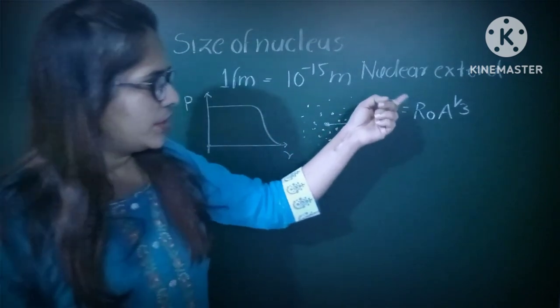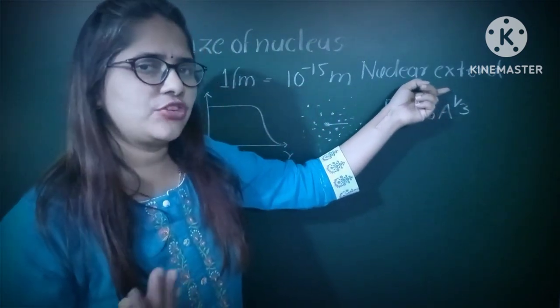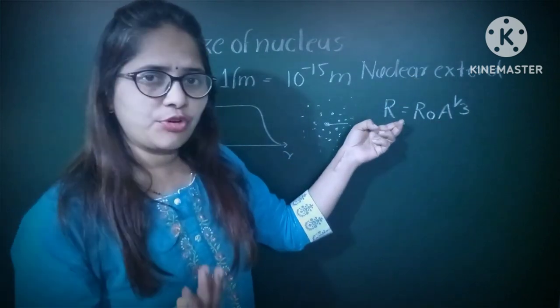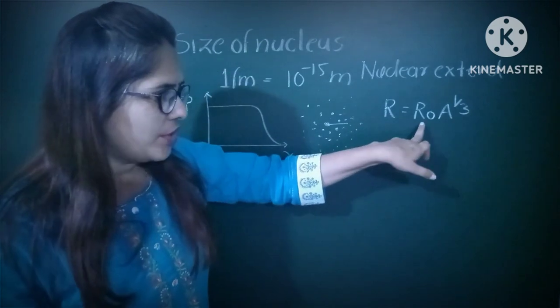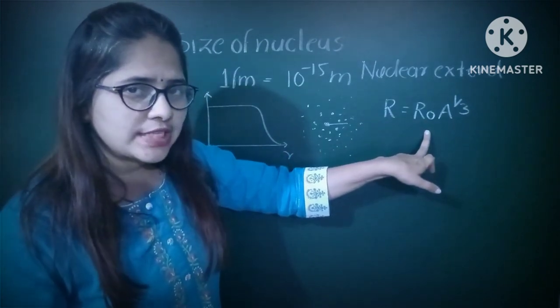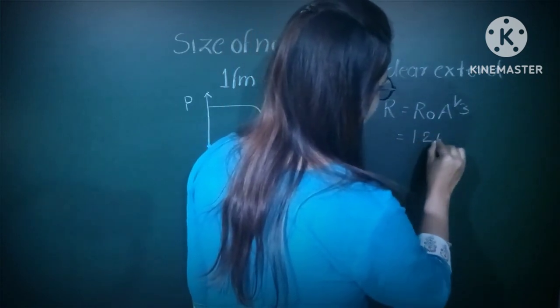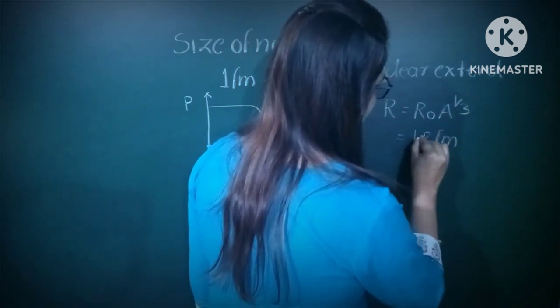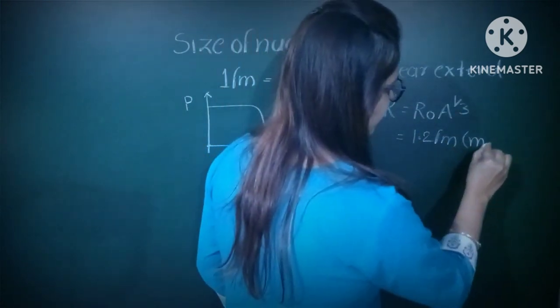The nuclear extent, or the radial extent of the nucleus, is given by the formula R equal to R naught A raised to 1 by 3, where R naught is called the shell cap, and its value is 1.2 femtometers. And obviously, A is the mass number.